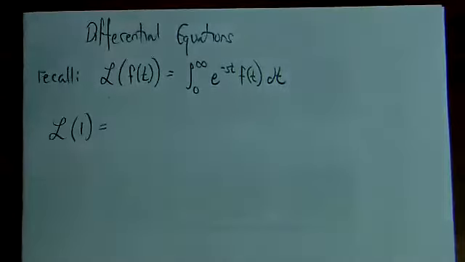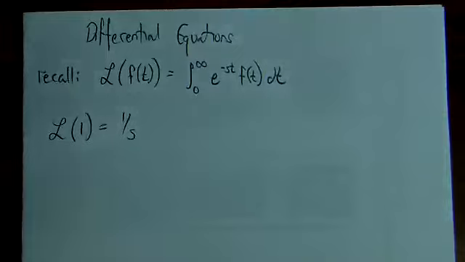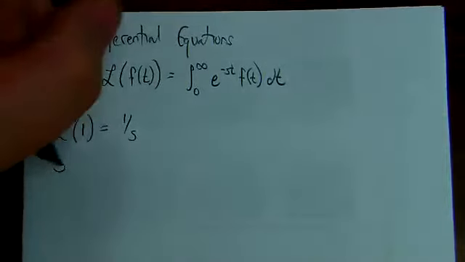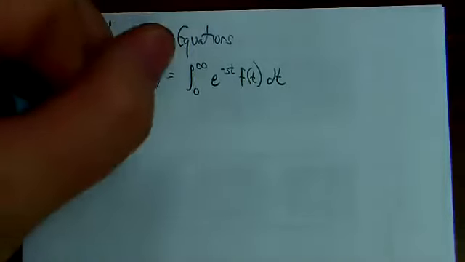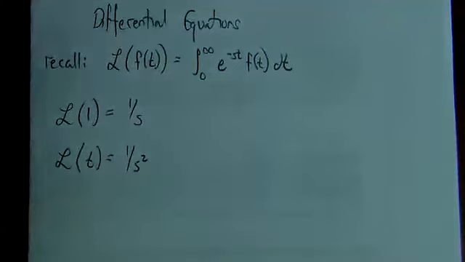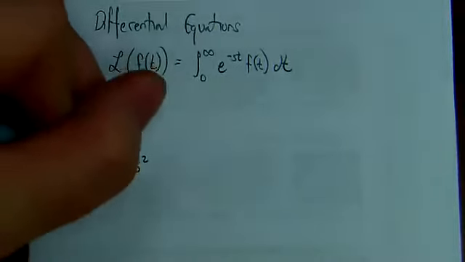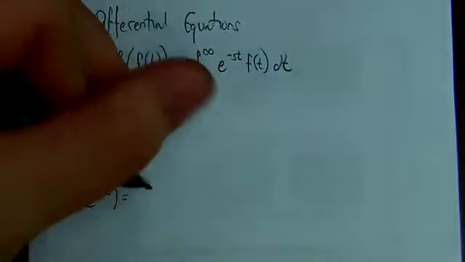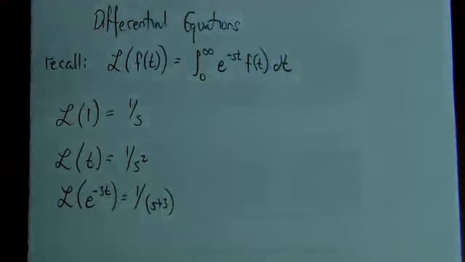The Laplace transform of 1 is 1 over s. The Laplace transform of t is equal to 1 over s squared. And the Laplace transform of e to the negative 3t is equal to 1 over the quantity s plus 3.